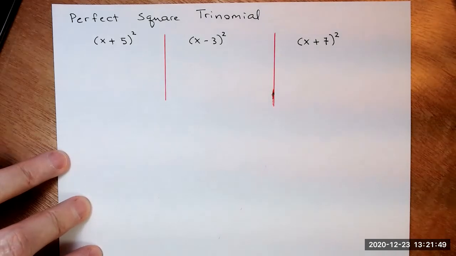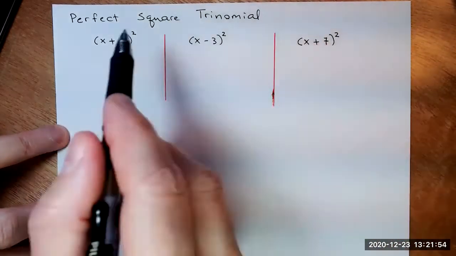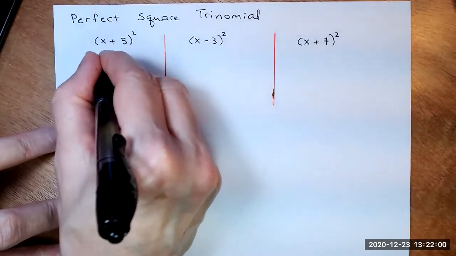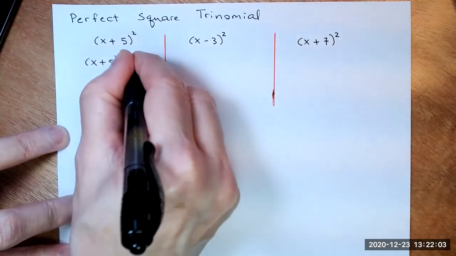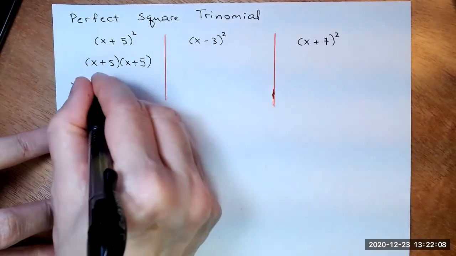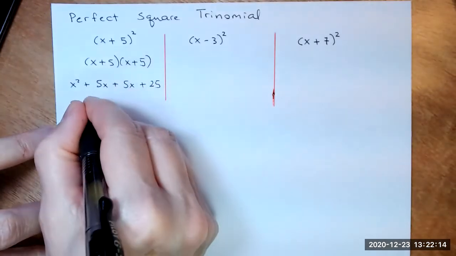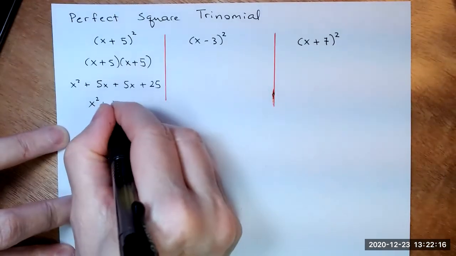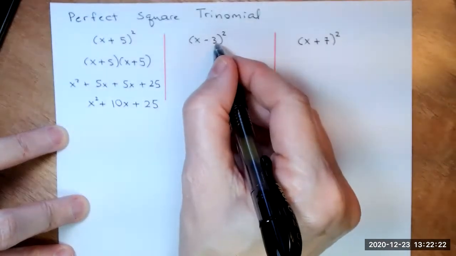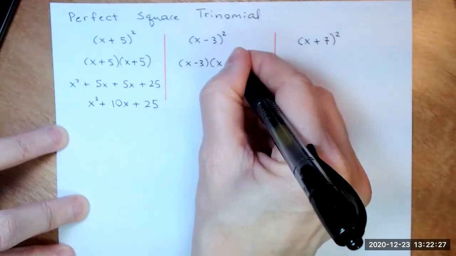All right, before we do the next section, let's review our friend, the perfect square trinomial, which comes from taking a binomial and squaring it. So we get x squared plus 5x plus 5x plus 25. X minus 3 squared is x minus 3 times x minus 3.